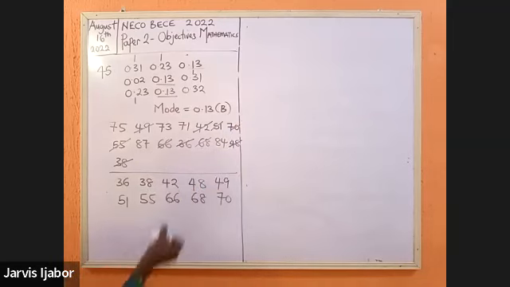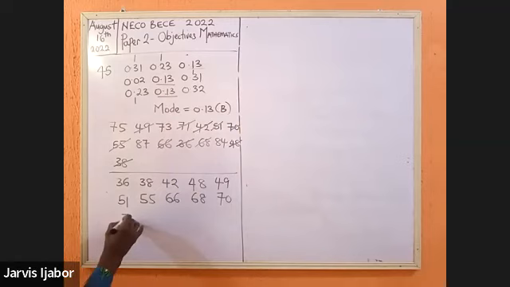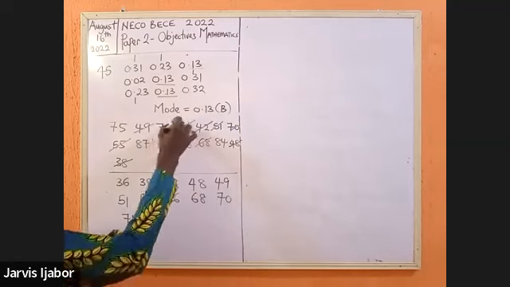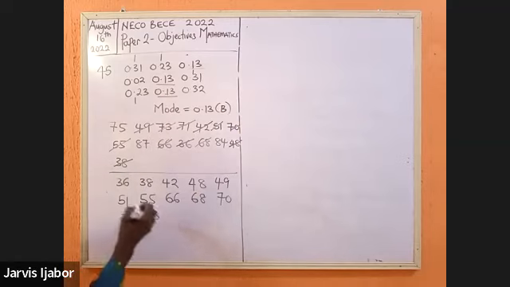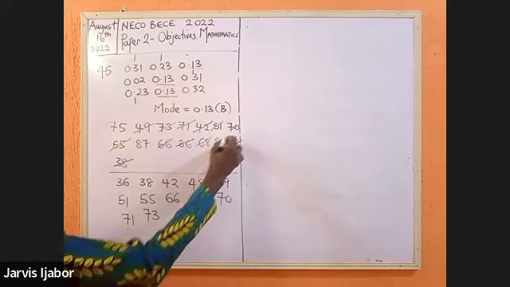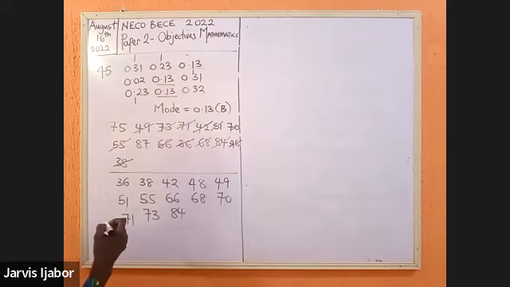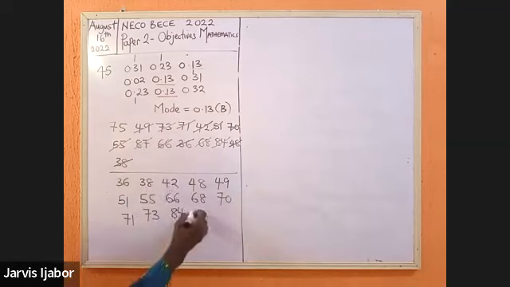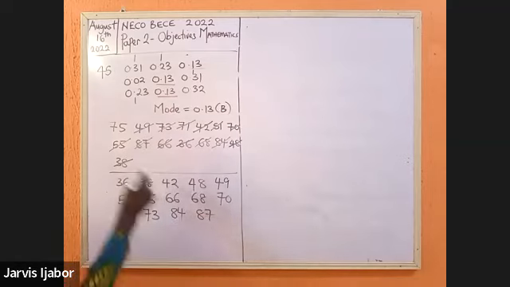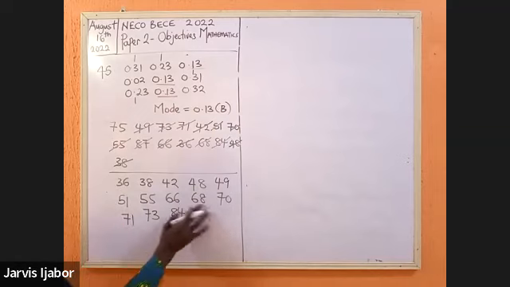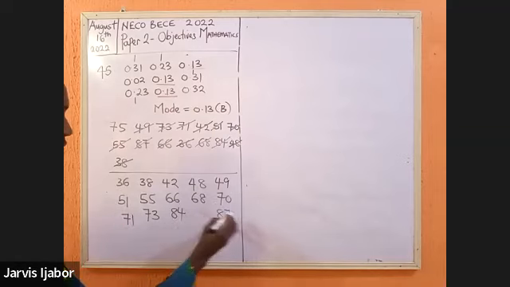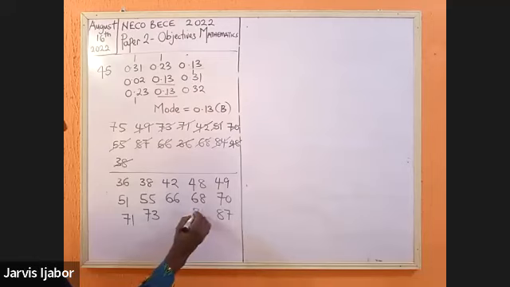Then 71. Then 73. Then 84. Then 87. But I just realized that in the process, I've left 75. No problem. I just write my 87 here, write my 84 here, and put my 75 here. This should be done with a pencil. So I've gotten everything right.